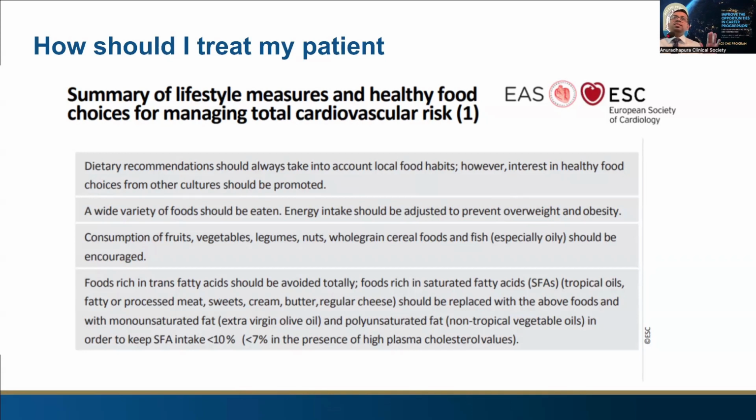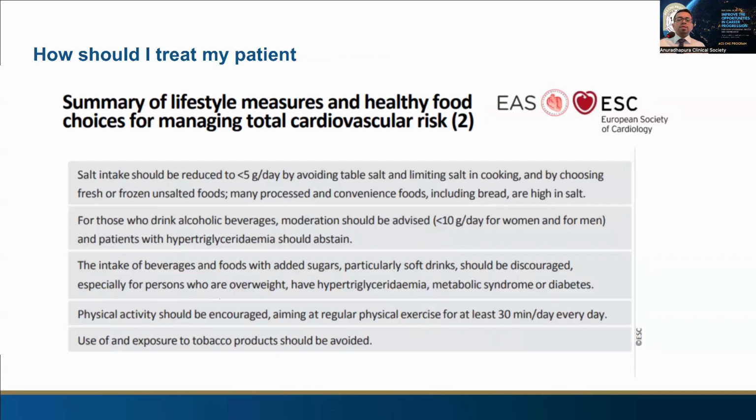But ultimately, lifestyle modification and these food habits will reduce the patient's cholesterol by 15 to 20% of baseline, so you can't achieve beyond that. But that is still important for the management of your target LDL. I'm not going to talk more about this because the previous speaker also talked about similar things.